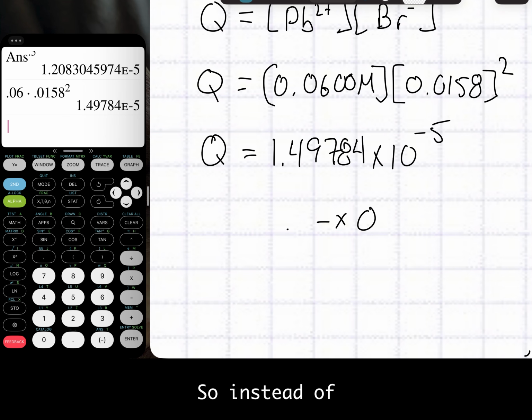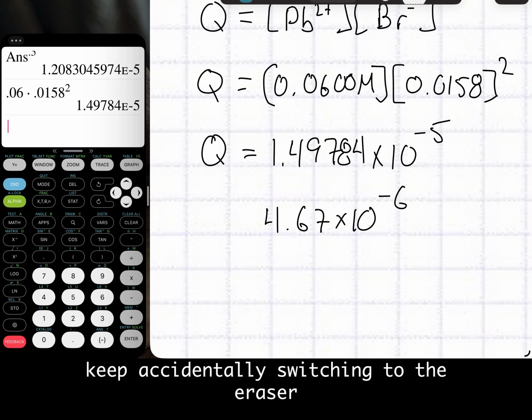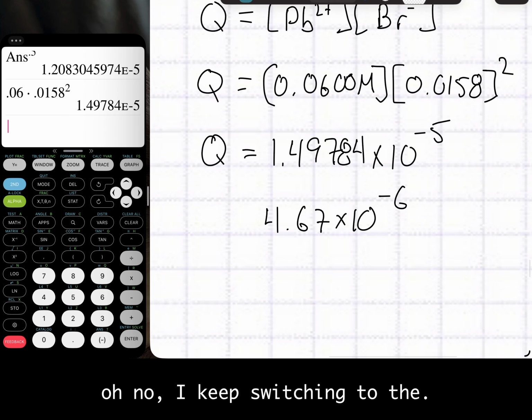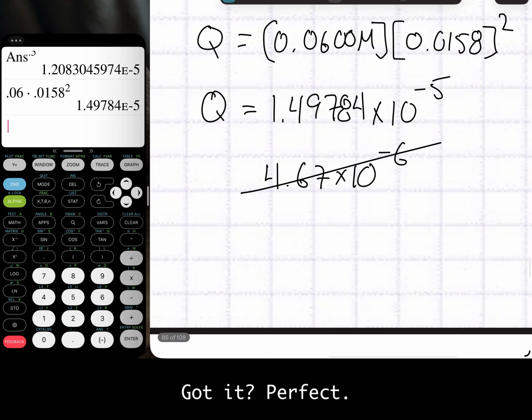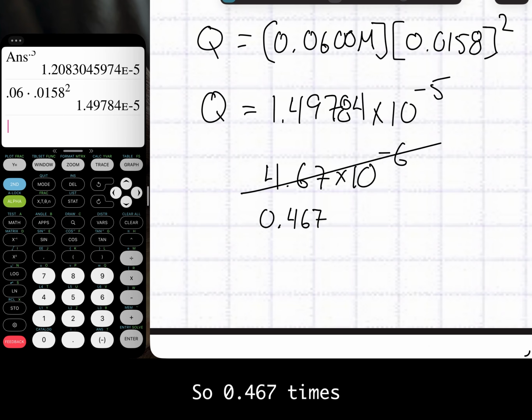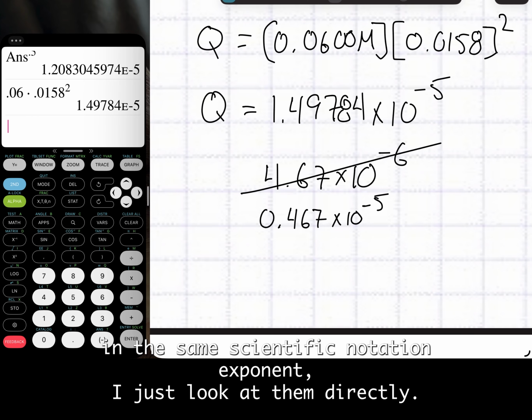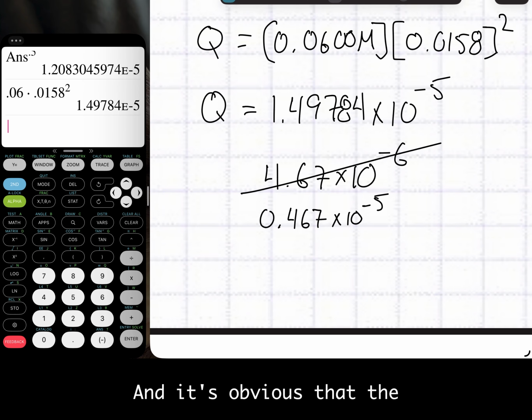So, 0.467 times 10 to the minus 5. And now that they're both in the same scientific notation exponent, I can just look at them directly, and it's obvious that the Q is larger than K.